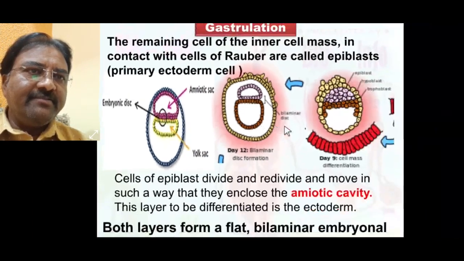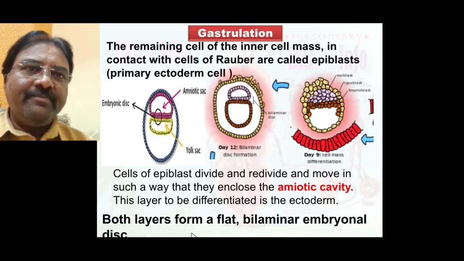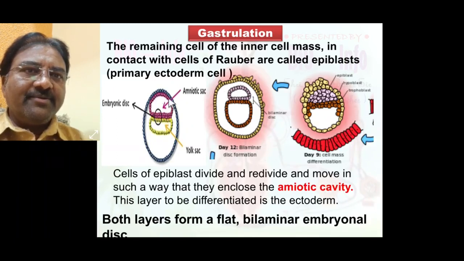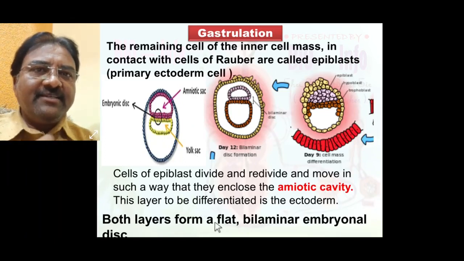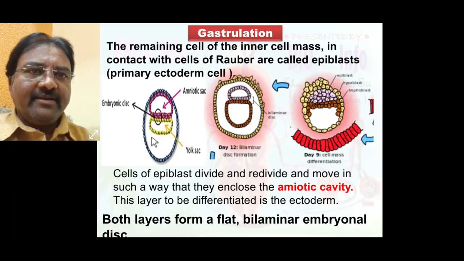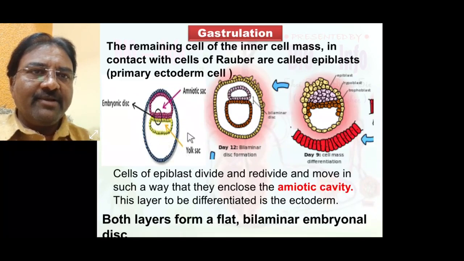So here we saw how the ectoderm forms from the epiblast. Inside the ectoderm the amniotic cavity is also seen here. Up to this we understand the development of the endoderm layer, inside it a cavity called the yolk sac, and the development of the ectoderm, inside it a cavity called the amniotic sac or amniotic cavity.